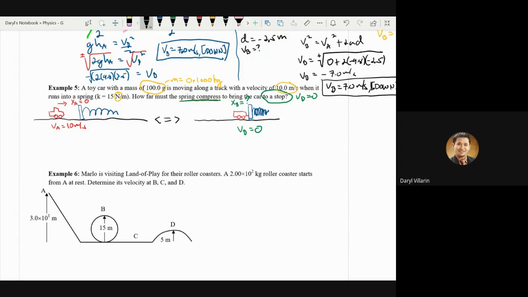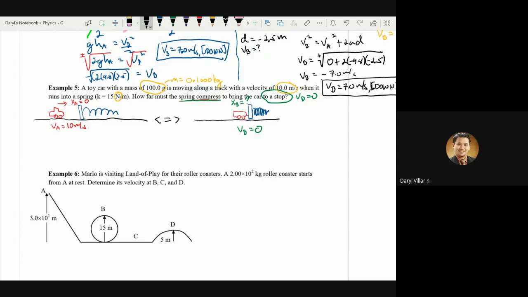This is just moving horizontally. A more complicated case would be if this is moving upward, but since it's just moving horizontally, you don't have any gravitational potential energy. Just like before, you can set the gravitational potential energy at 0.